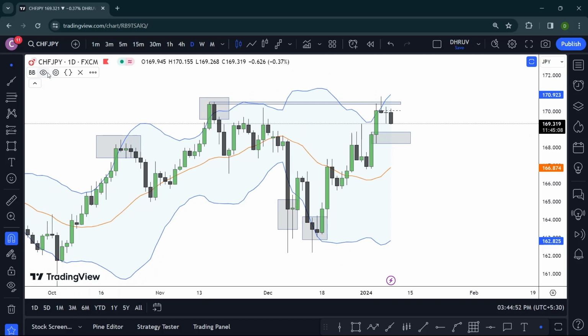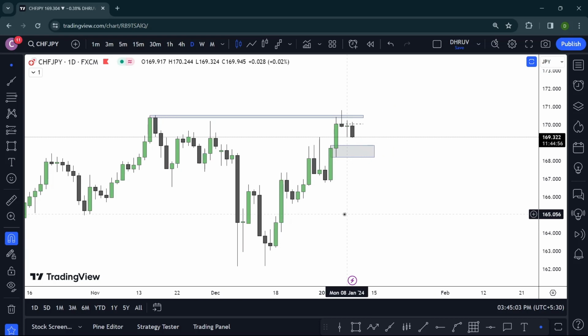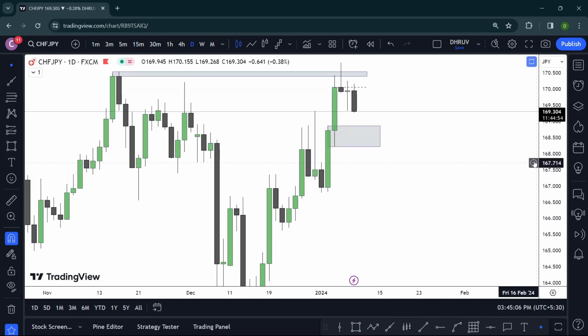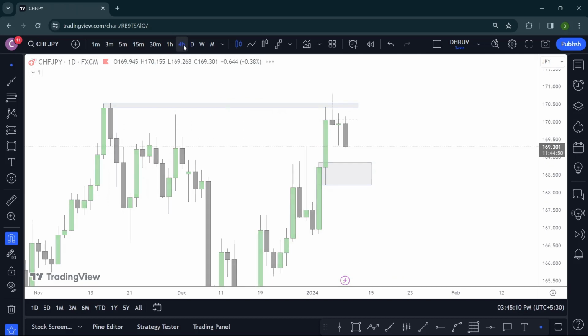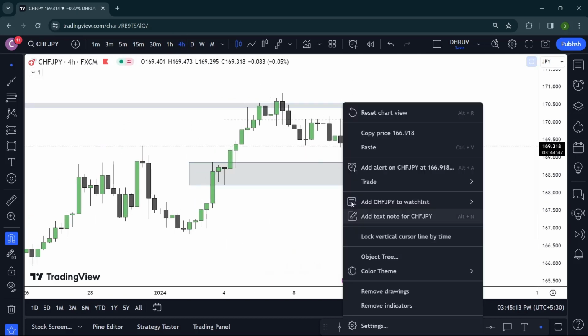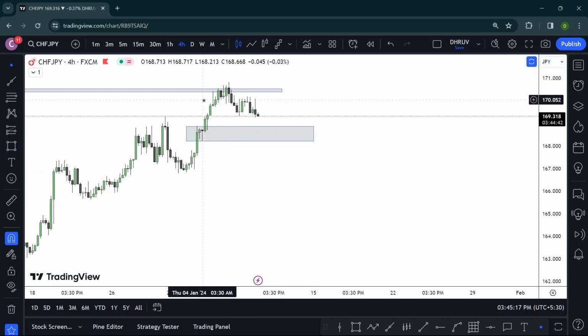Let me just remove this. These are the four confluences on daily, weekly, and monthly. And now let's go into the 4 hour chart. Let me delete this line too.